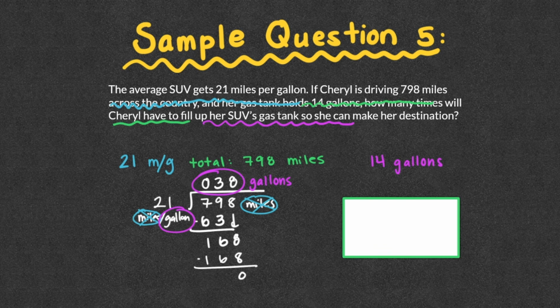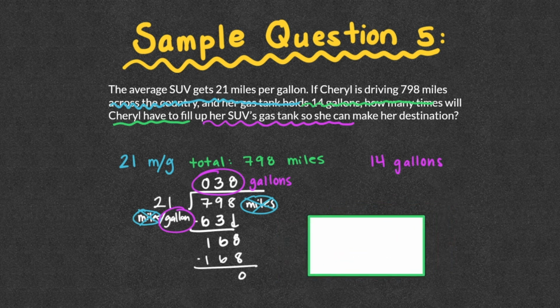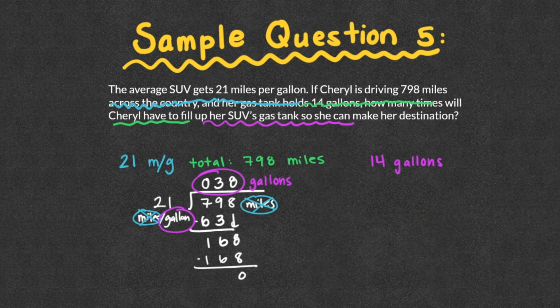So from here, I can actually do our division. So we have 38 divided by 14, and if we look, so that's 0, that's 2, because 2 times 14 is 28. We're left with 10. So we have 2, remainder 10.